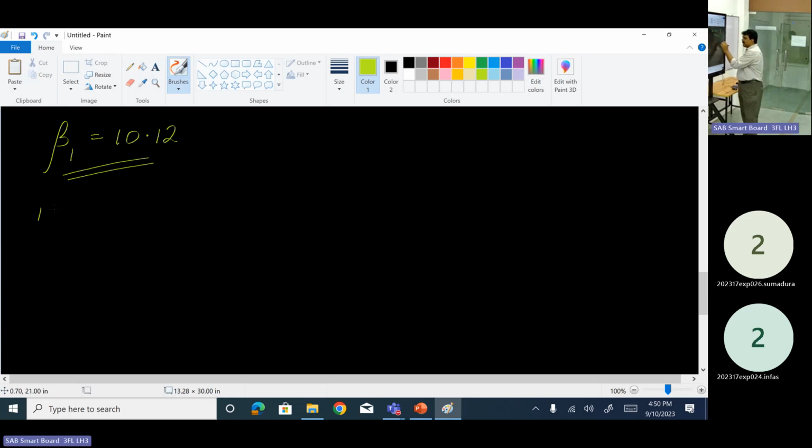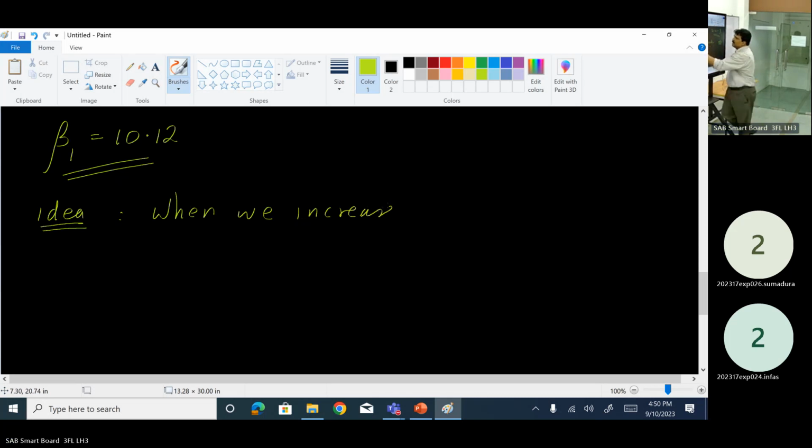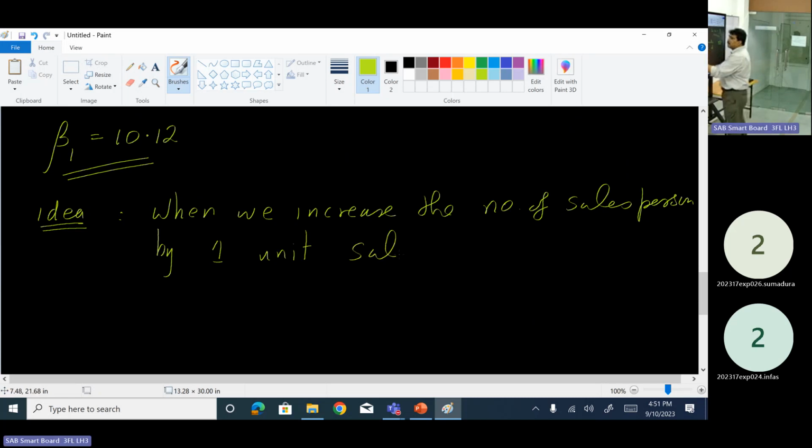So the idea: when we increase the number of salesperson by 1 unit, sales will increase by 10.12 units.